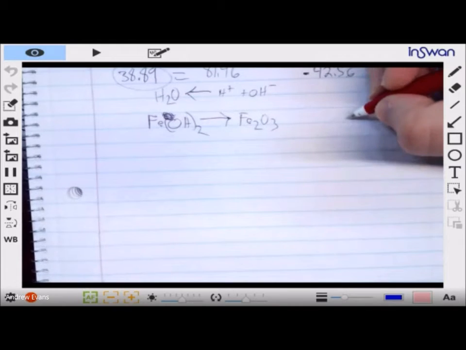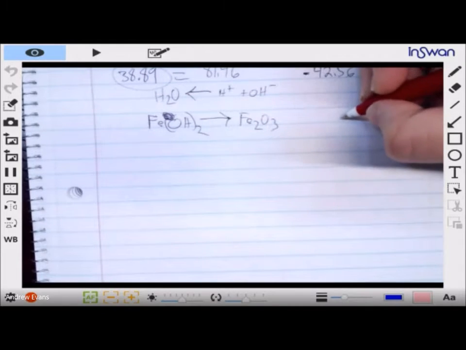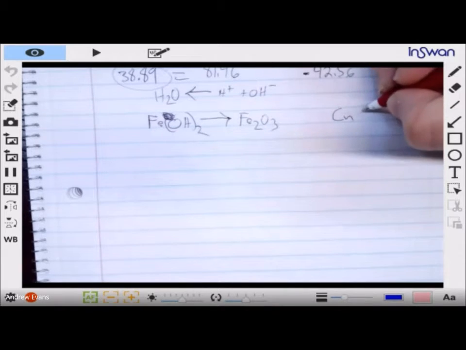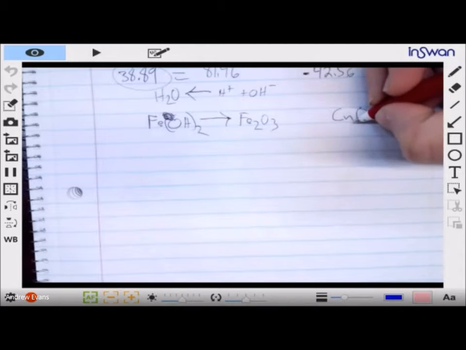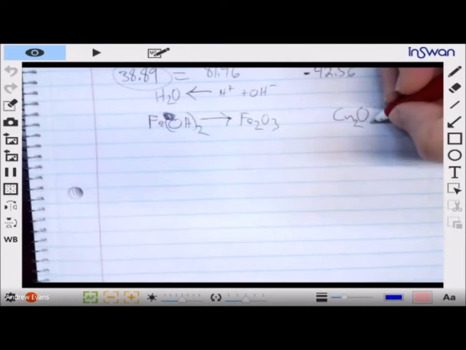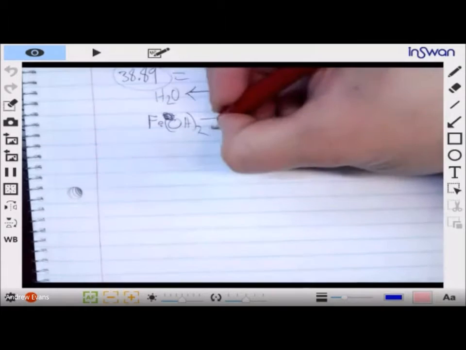And there's another half reaction that goes Cu2O goes to copper solid. And we'll do this in base. All these are solids.